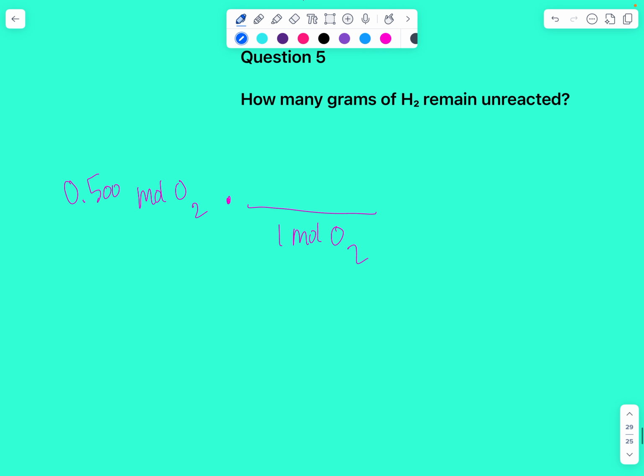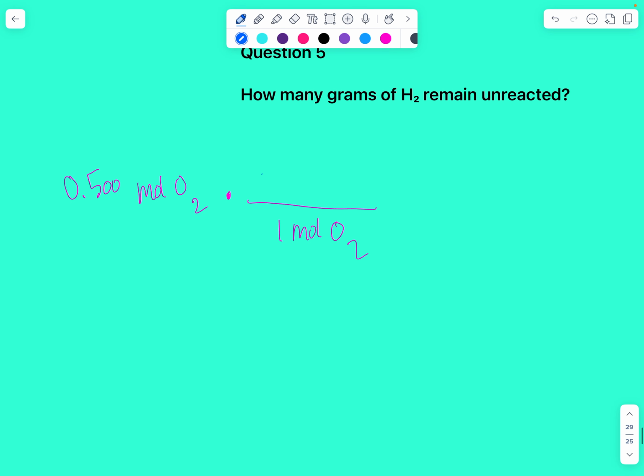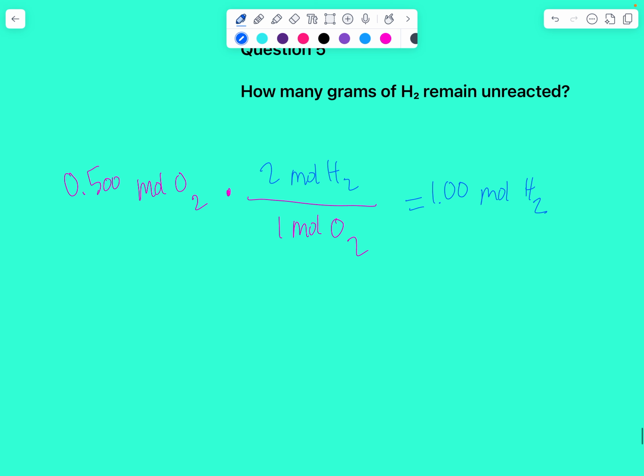So 1 mole of O2 and 2 moles of H2. The initial H2 is 2.97 moles. So if I do 2.97 minus 1, I get 1.97 moles of H2.